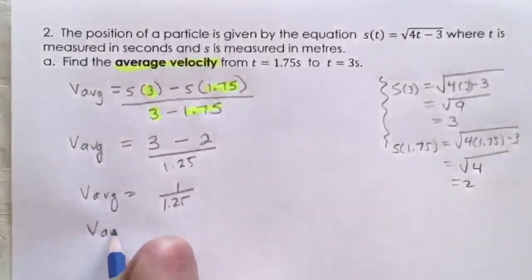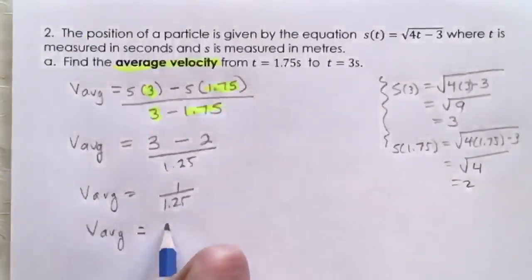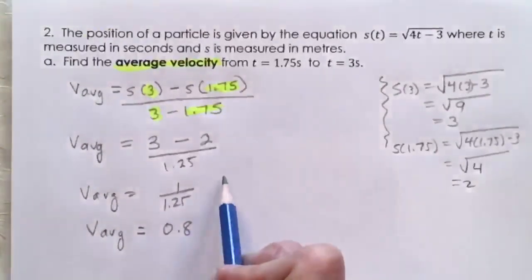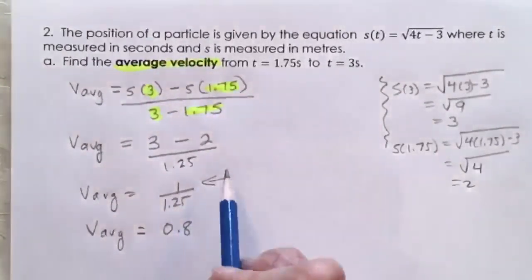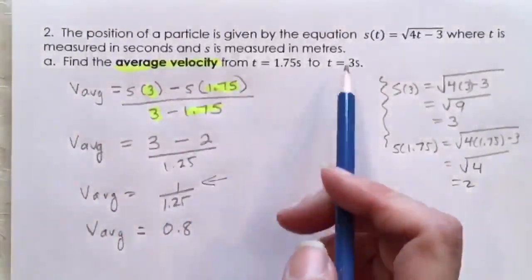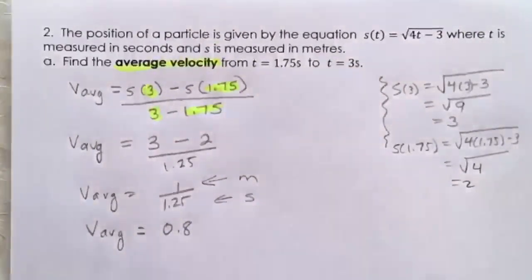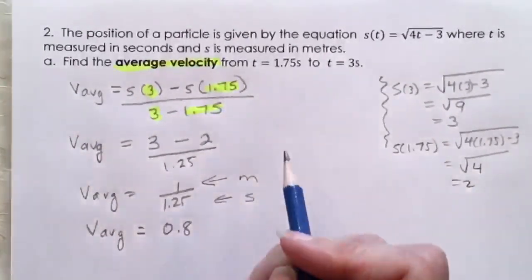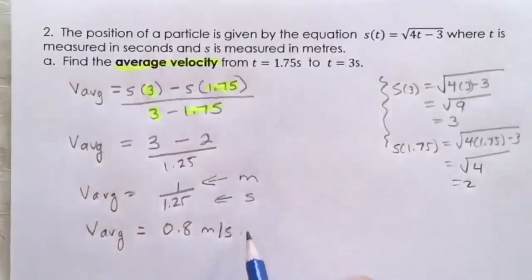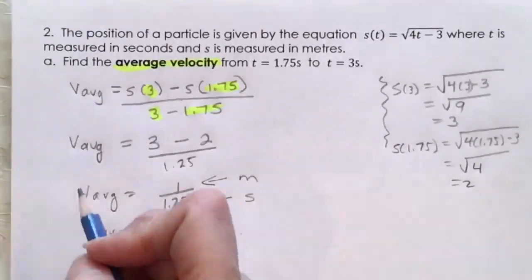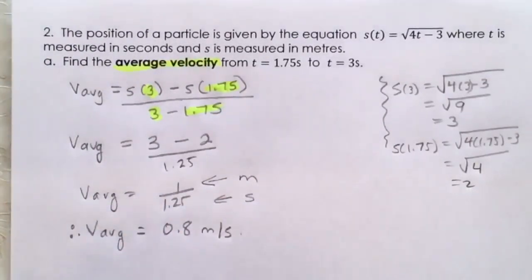Remember, you have to have units with your answer. The numerator was change in position, measured in meters according to the question, and change in time measured in seconds. So that makes the units meters per second. So to find the average velocity, just put a therefore in front there. Average velocity is 0.8 meters per second.